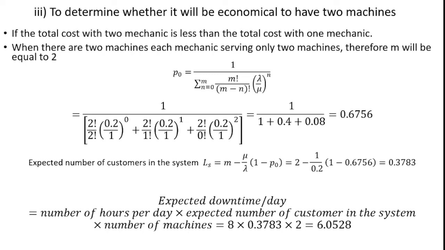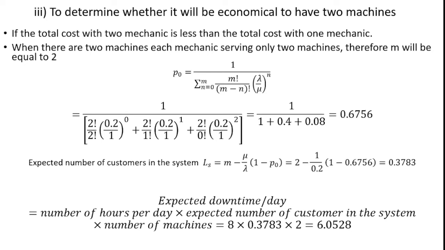From this, I can again identify the LS, because now I am introducing a new mechanic on the shop floor, so the expected number of customers in the system must be identified again. LS is equal to m minus mu by lambda into 1 minus P0.